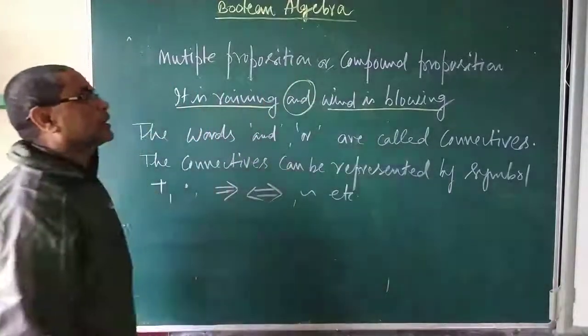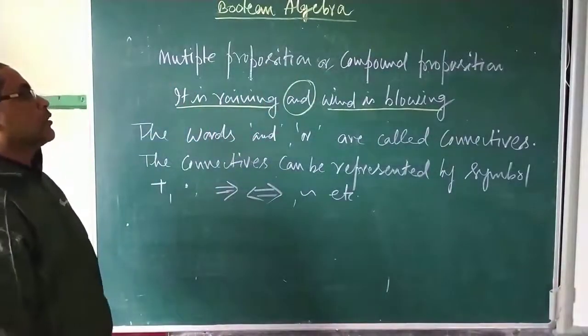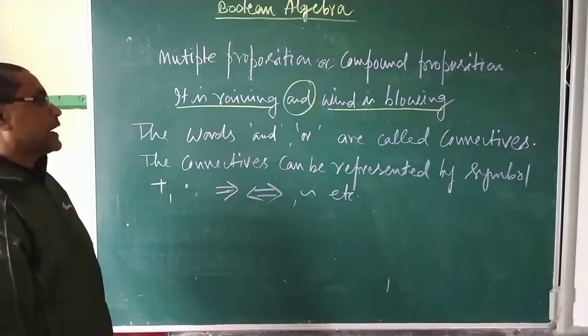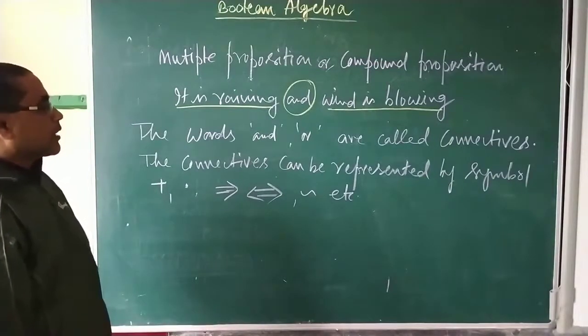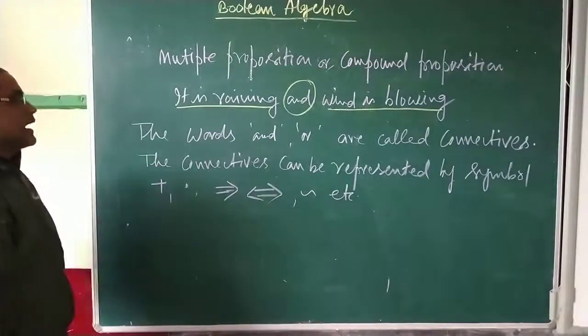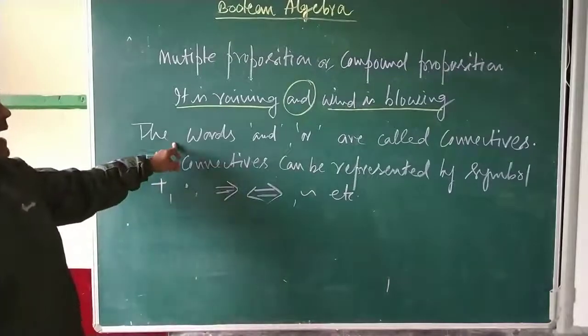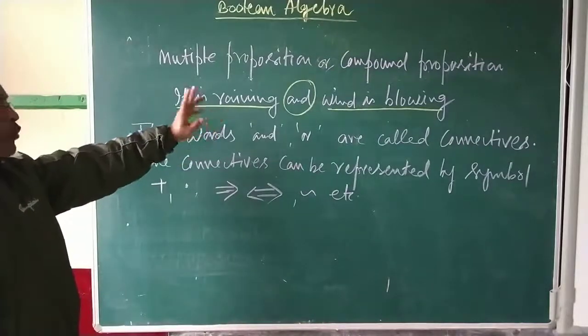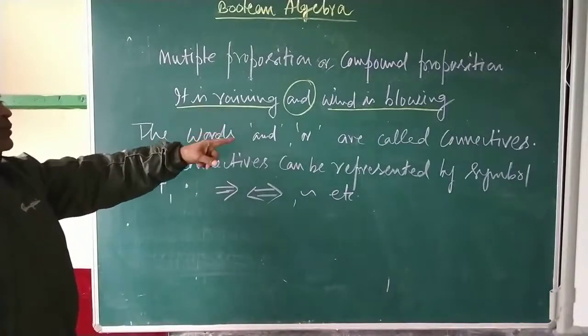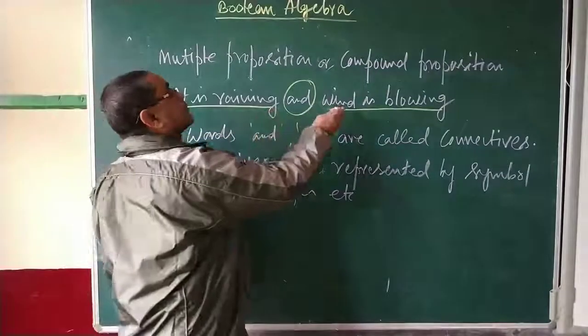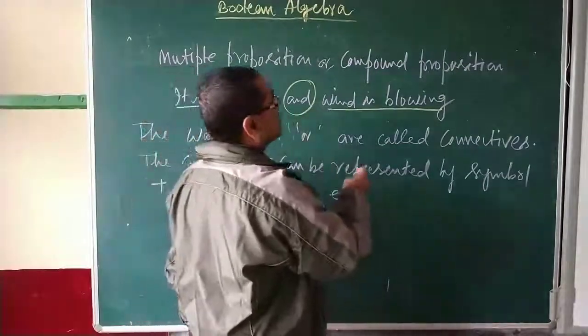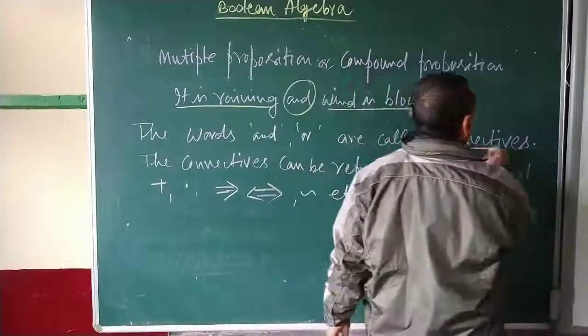So this is one compound proposition connected with and. The words and, or, and also not are called connectives. They connect the two sentences.